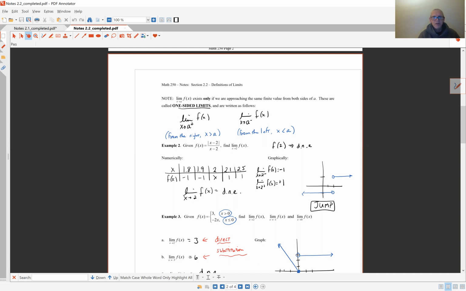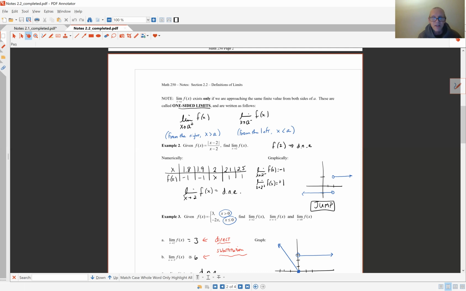We know the absolute value of 0 minus 2 is 2, but 0 minus 2 alone is just negative 2. So that quotient is equal to negative 1 for x less than 2.